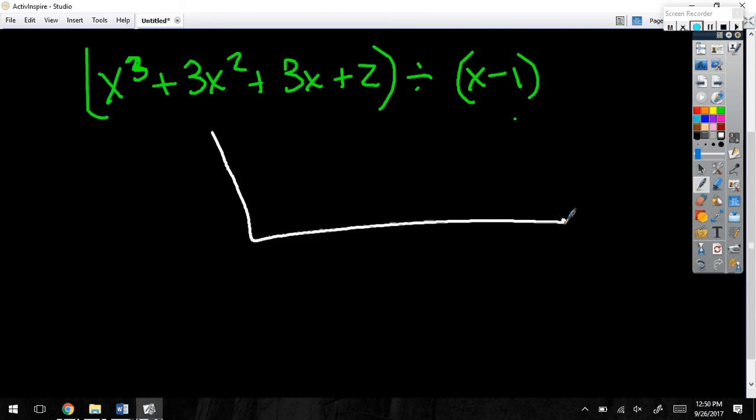All right, this number here that you're adding or subtracting to x, change the sign and put it outside. So I'm going to make it positive 1. And you'll see why soon. We'll talk about the factor and remainder theorems.